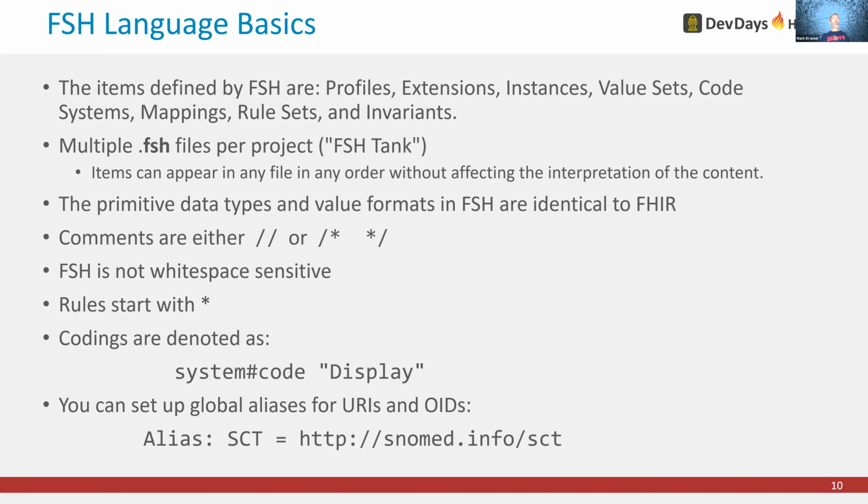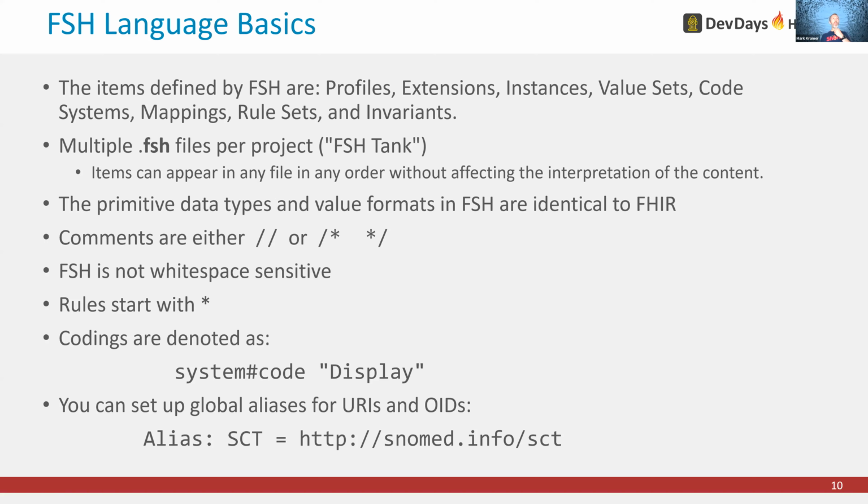We also have a special way for denoting codings, which is the code system followed by a hash sign, and then the code, followed by the display text in quotes. And something that's very useful, alias statements. You can alias any URL or a URI actually, and OID can be an alias as well, and I'll show you how to use that.